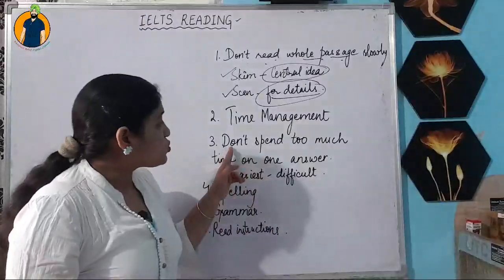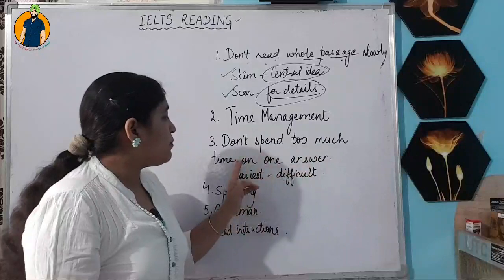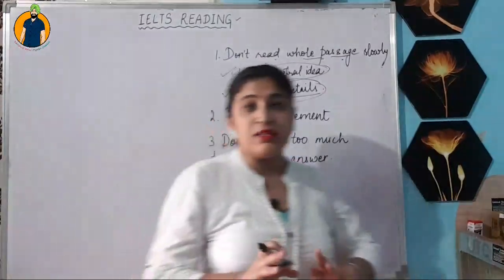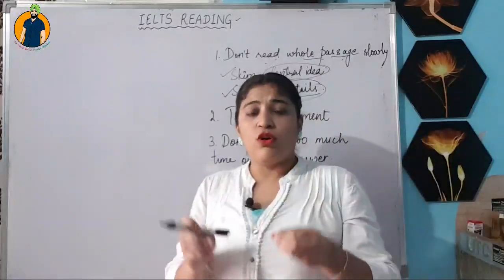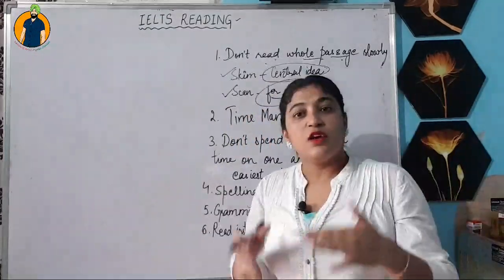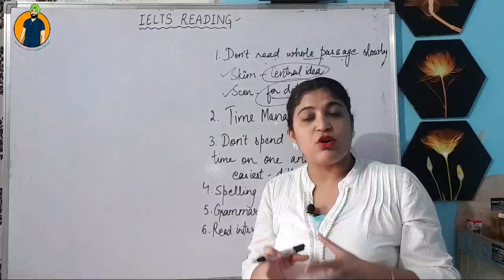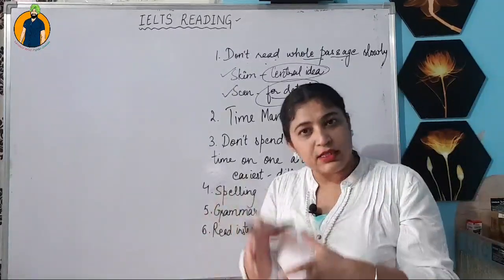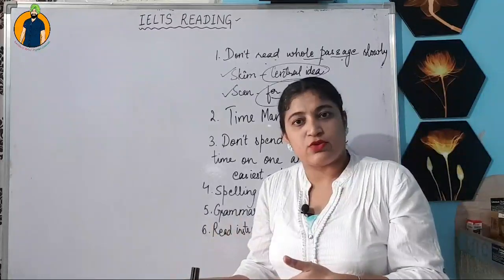The next tip is don't spend too much time on one answer. What does it mean? It means don't give your whole focus to a single answer. If you are not able to find the answer to a question, then don't get stuck on it. Mark that question and then move to the next question.